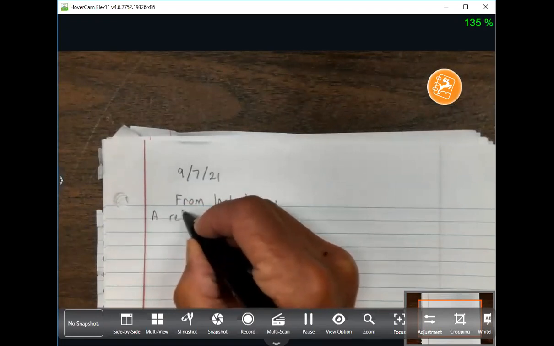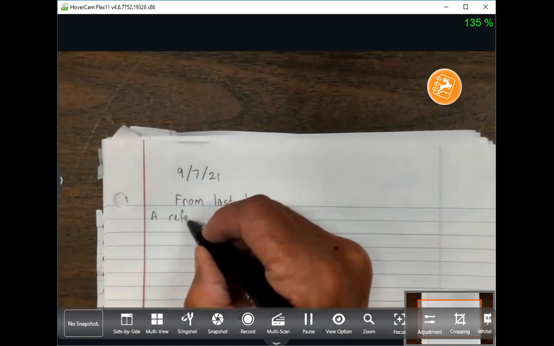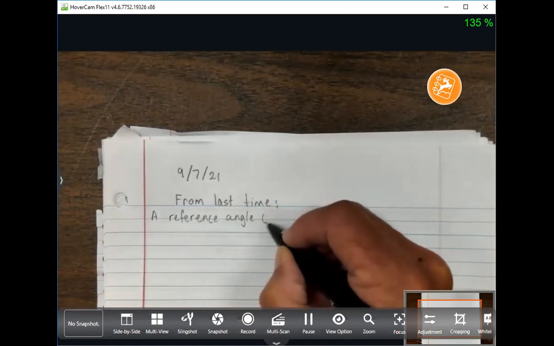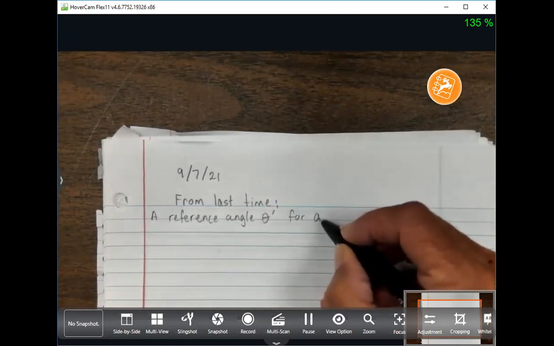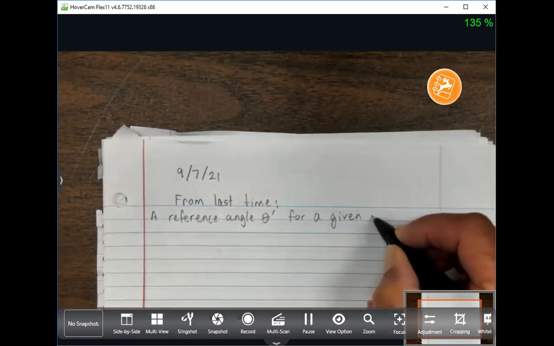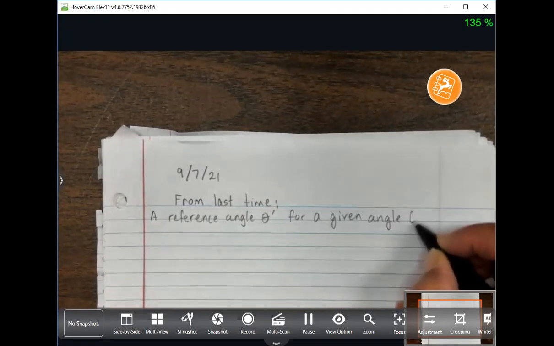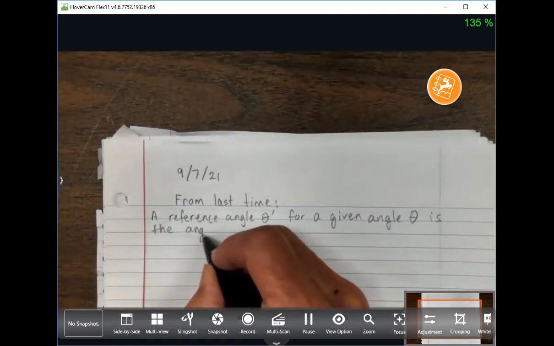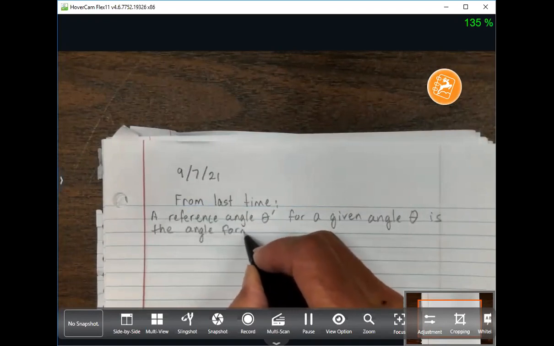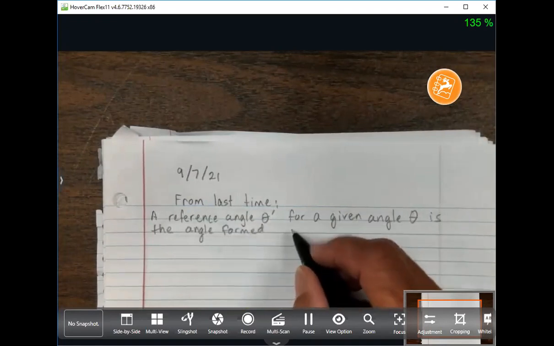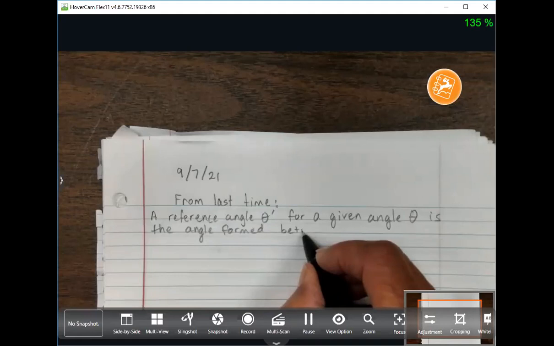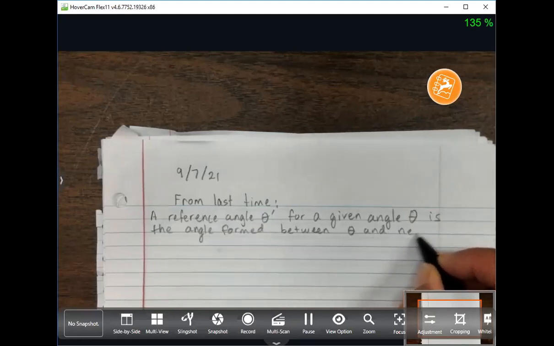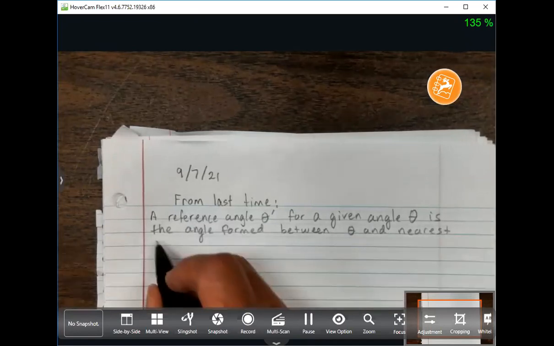A reference angle, theta prime, for a given angle theta is the angle formed between theta and the nearest x-axis.